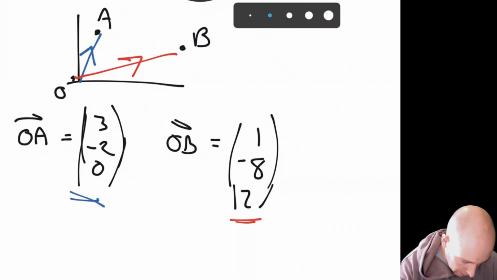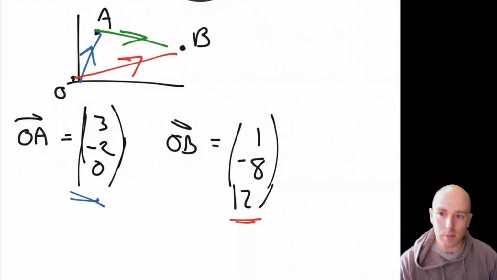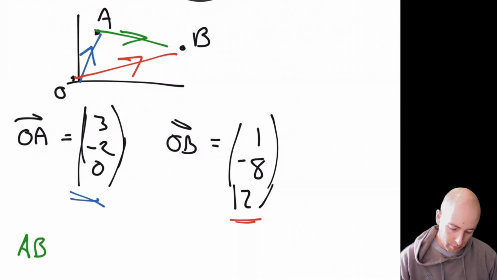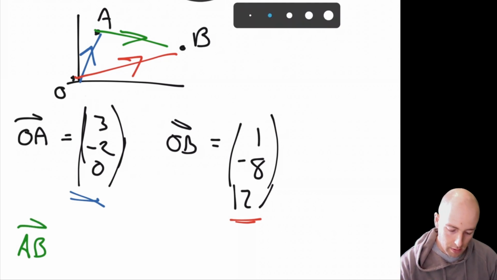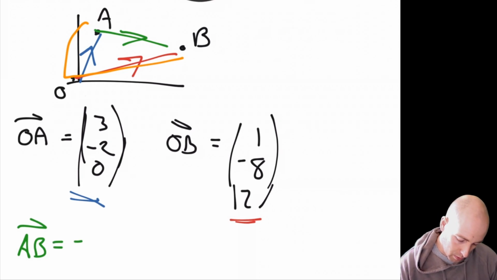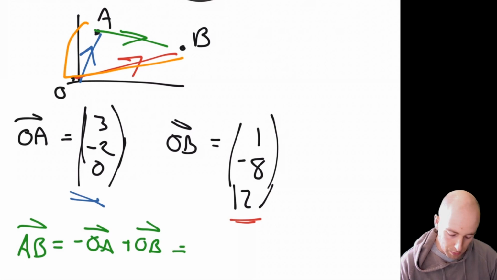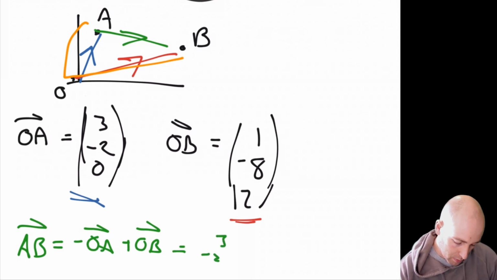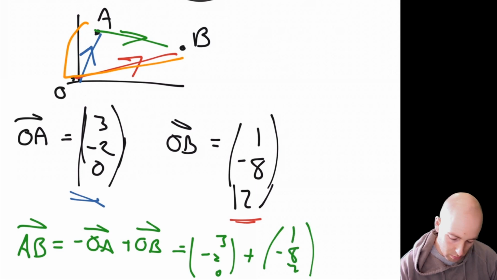If I wanted to work out the vector A to B, I'm going to go from A back to O, and then up to B. So AB is minus OA plus OB.